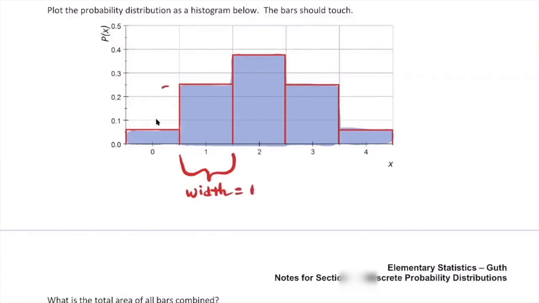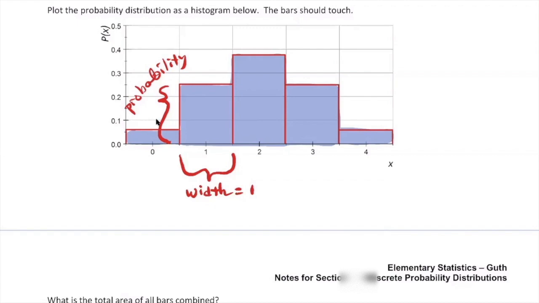And the height of the bar is the probability. So when you do the base times the height, that's just 1 times the probability. So the area of the bar is the probability of the corresponding event.